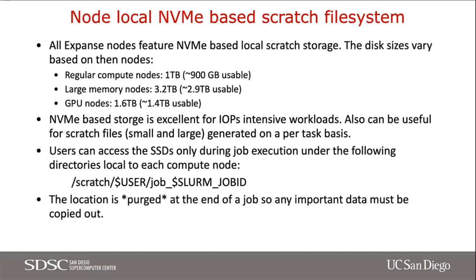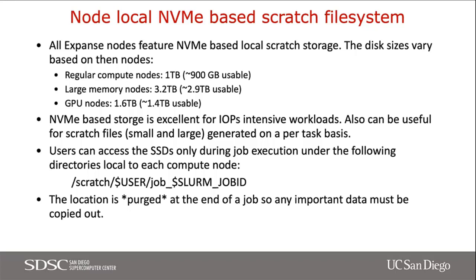So that brings me to the node local NVMe based scratch file system. All the Expanse nodes have NVMe based local scratch storage. The disk size varies based on the nodes. So the regular compute nodes have a 1 terabyte disk. It's about 900 gigs usable.